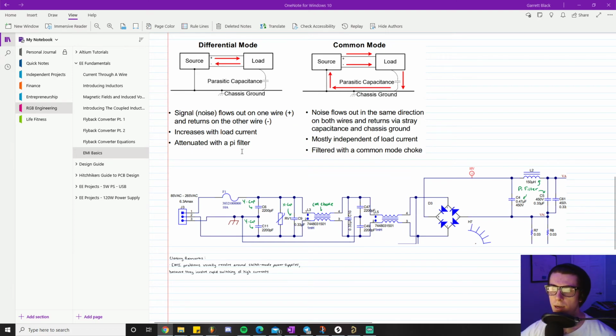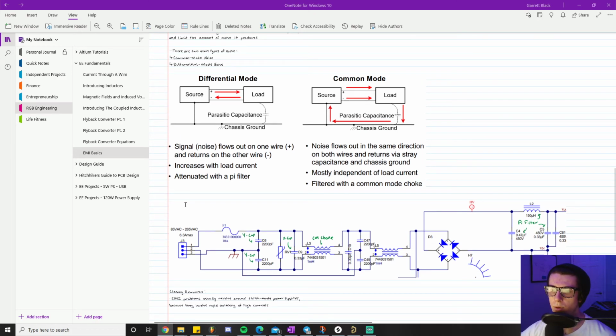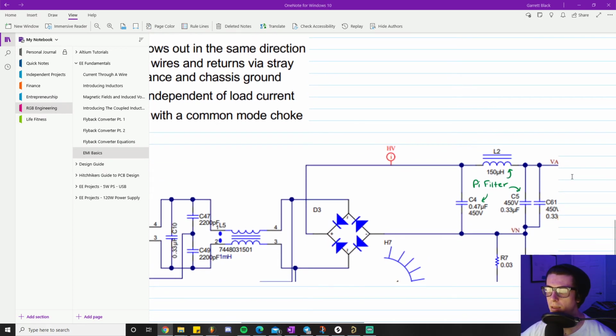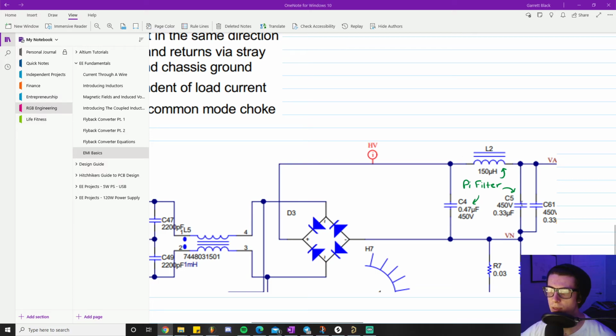And then finally, if you look at differential mode, it says attenuated with a pi filter. So looking at this, this is what is known as a pi filter. It's just because on a schematic, it looks like the Greek letter pi. That's why people gave it that name. But it's just comprised of a couple capacitors and an inductor, and basically forms a low pass filter with this setup right here, right?